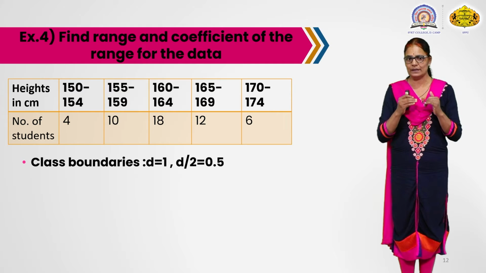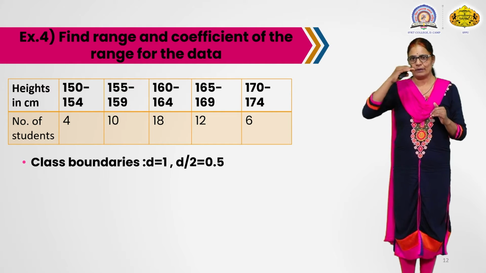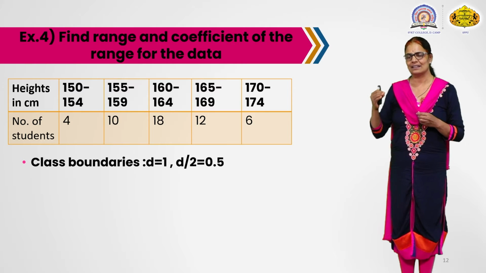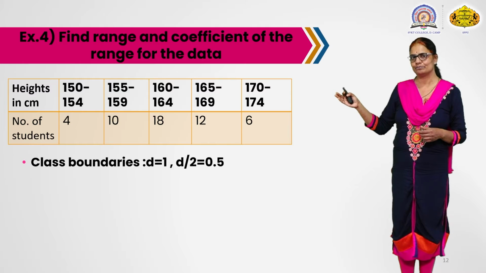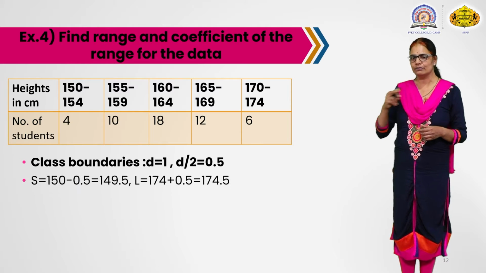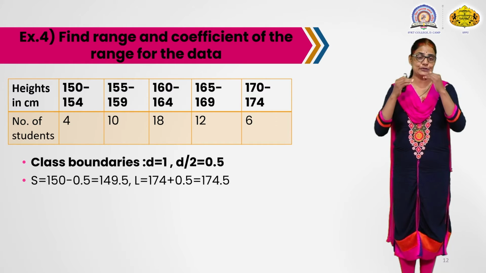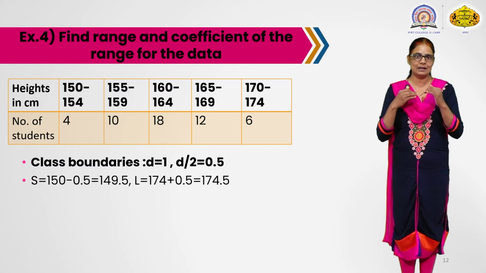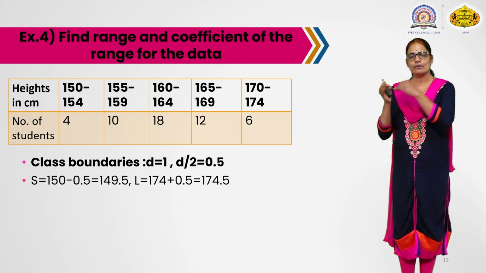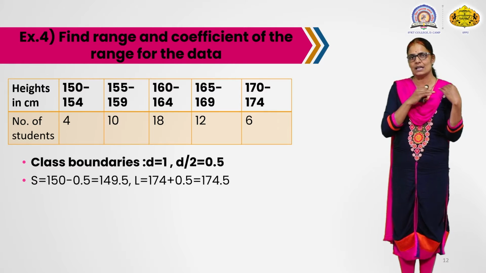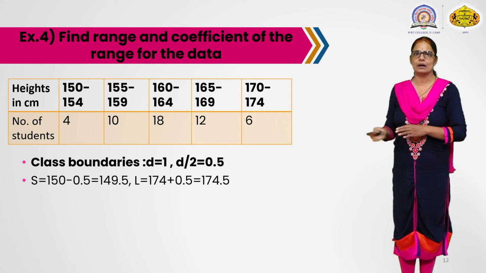The answer is 1 here. To find the class boundaries, we should first find the gap between the two classes, and here the gap is 1 unit. So take its half, which is 0.5, and to find the class boundaries, we have to subtract 0.5 from the lower limit of the class and add 0.5 to the upper limit of the class.